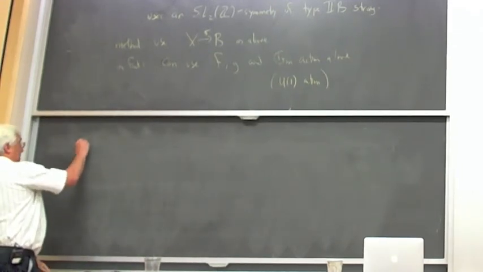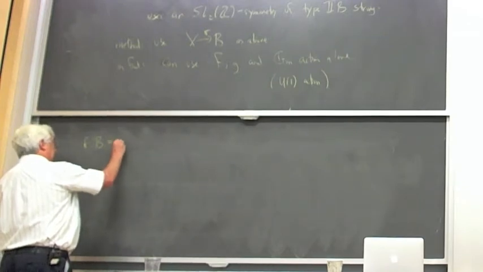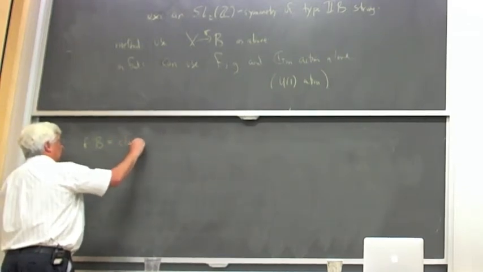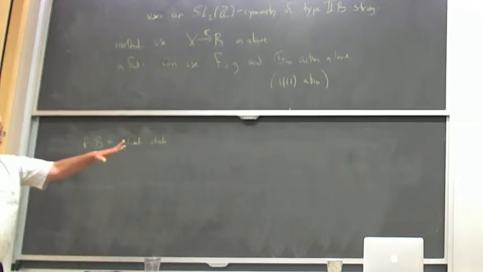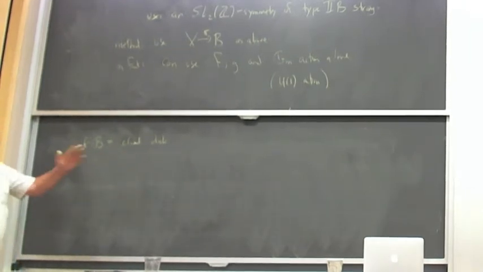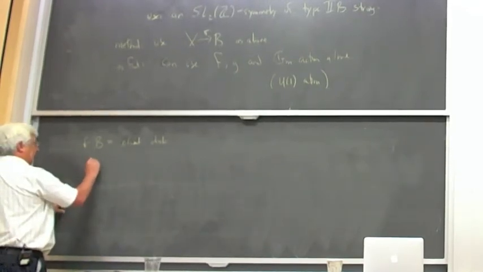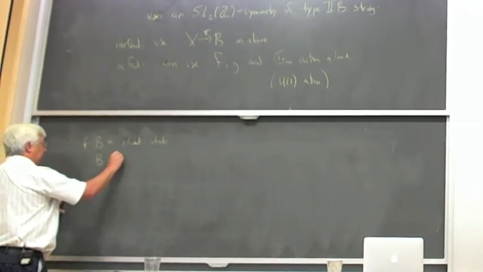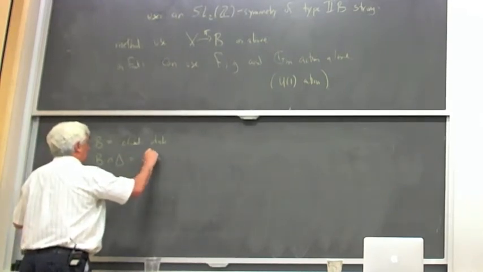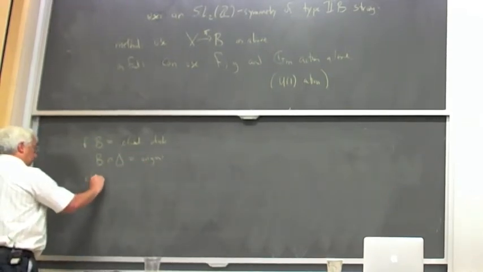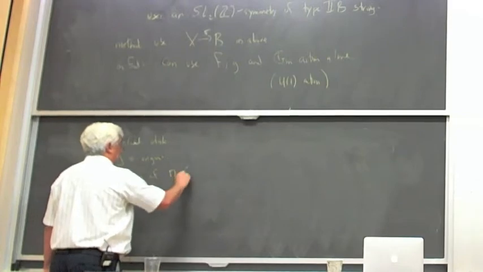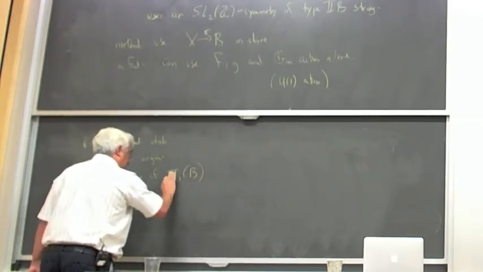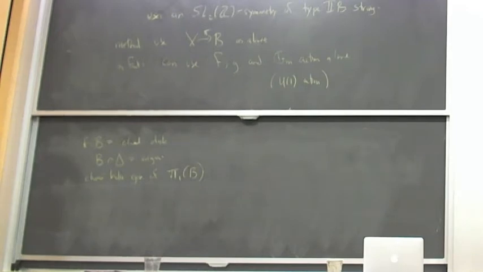So if B, say, is a closed disk, and this pi is some, maybe now I'm in the complex analytic category, pi is some nice elliptic fibration over the disk, and B intersected with delta is the origin, and I choose the holomorphic generator of pi 1 of B. In other words, the orientation of the complex number is determined as the generator for pi 1 of B.